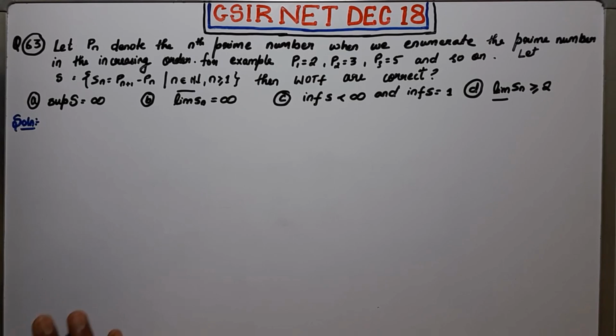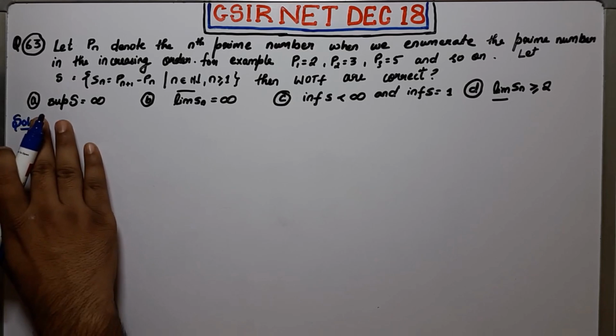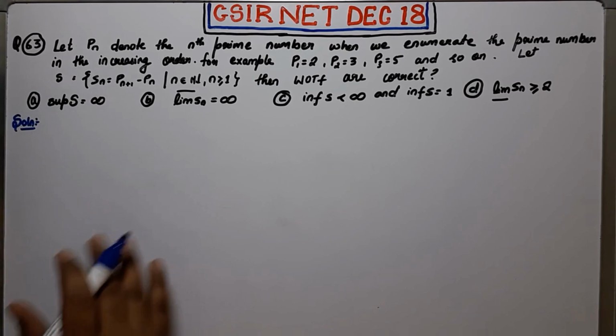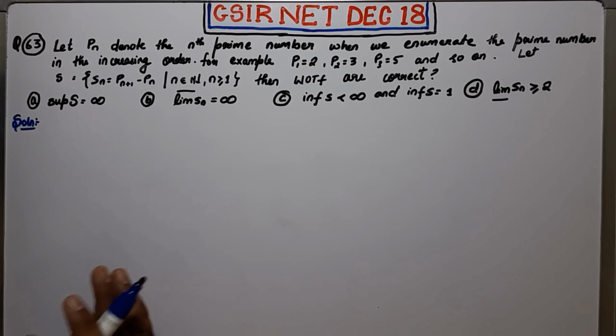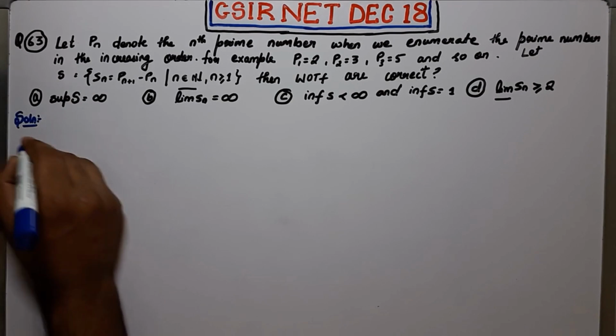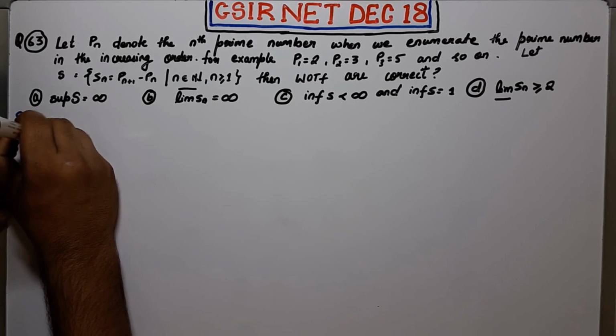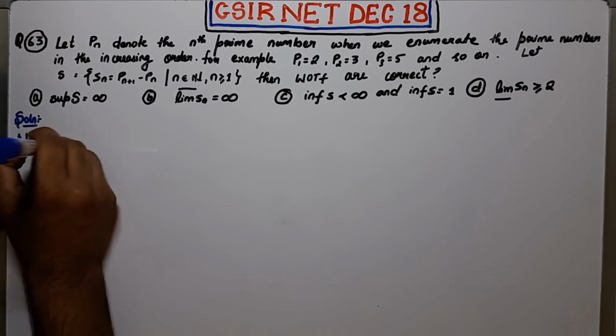If you want your first option to be correct, there must exist two successive primes such that their difference is infinite. So I am writing a note for you. You just have to remember it or you can prove it.